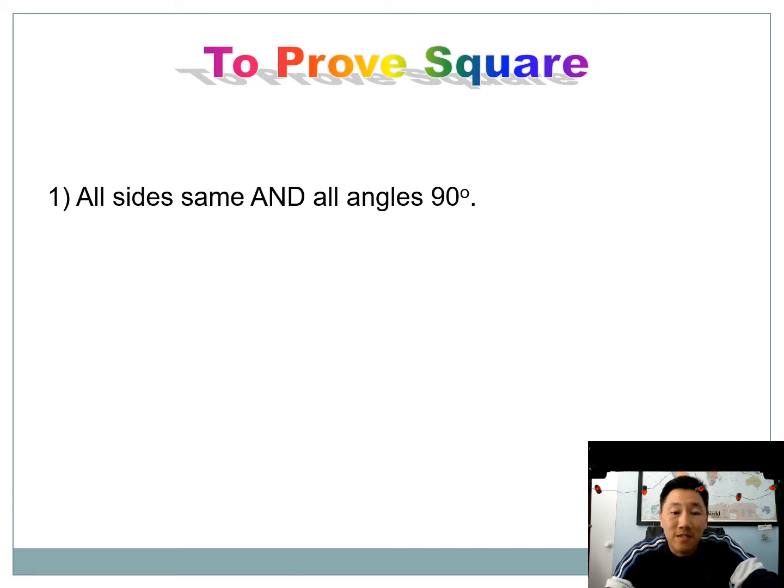To prove that something is a square, there's only one thing you have to do. You have to show that all the sides are the same and all the angles are 90 degrees. Again, that looks like 2 things, but it's one thing. All of that has to happen.